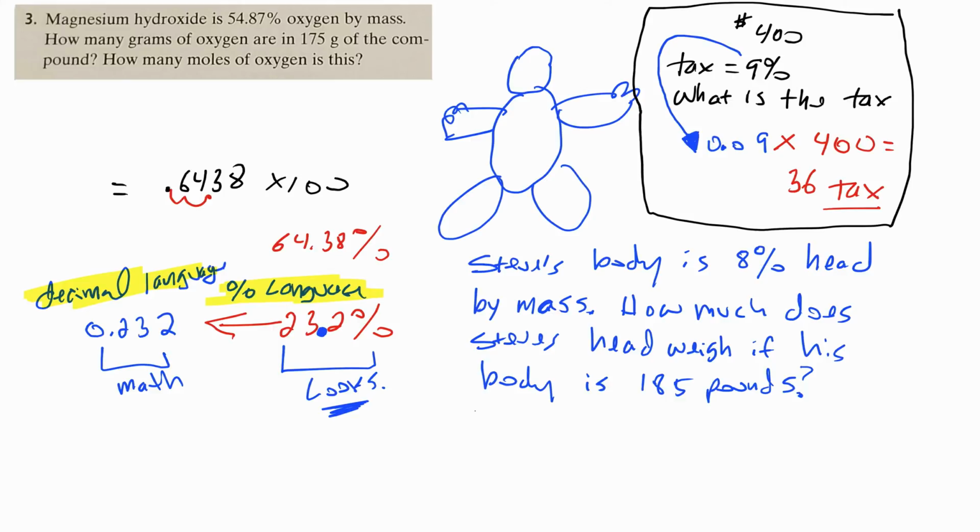All right, so over here, if my head is 8% of my body, how do I figure out how many pounds my head is? Good. So you're gonna do 8 divided by 100, which gets you what?